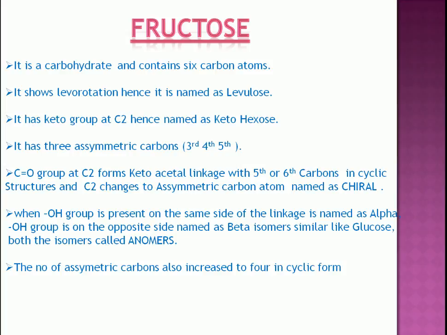In the open chain structure, C2 is non-asymmetric because it has a double bond with O. In the cyclic form, it changes to asymmetric by the formation of the hemiacetal bond. Hence, the asymmetric carbons increase from 3 to 4.